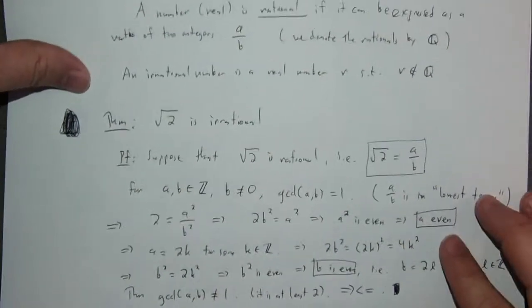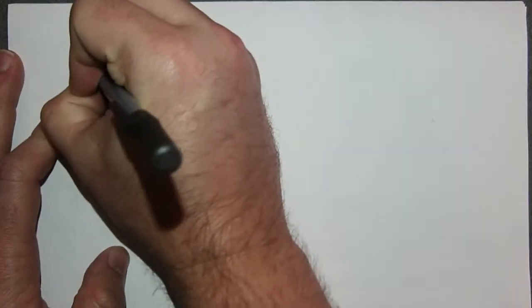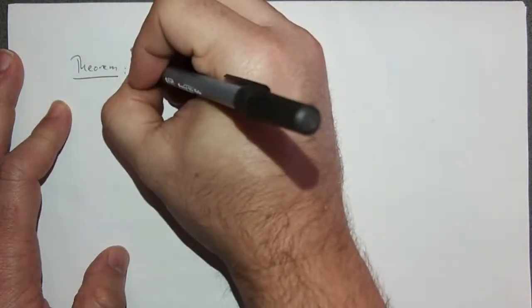I wanted to talk about a quick generalization of this fact. You're asked oftentimes in an early proof course to prove the irrationality of some numbers involving radicals other than 2, so square root of 3, square root of 5, and so on. So you might say, well, which of those are actually irrational? How do I know that the square root of some number is irrational? So the answer is the following.